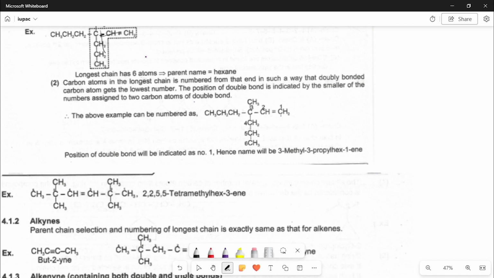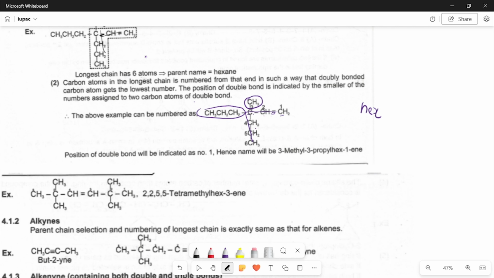So see, we got two substituents. First it would be 1 2 3 4 5 6. 6 means hex. We counted the most number of substituents we can get from this parent chain because the bond is present here.